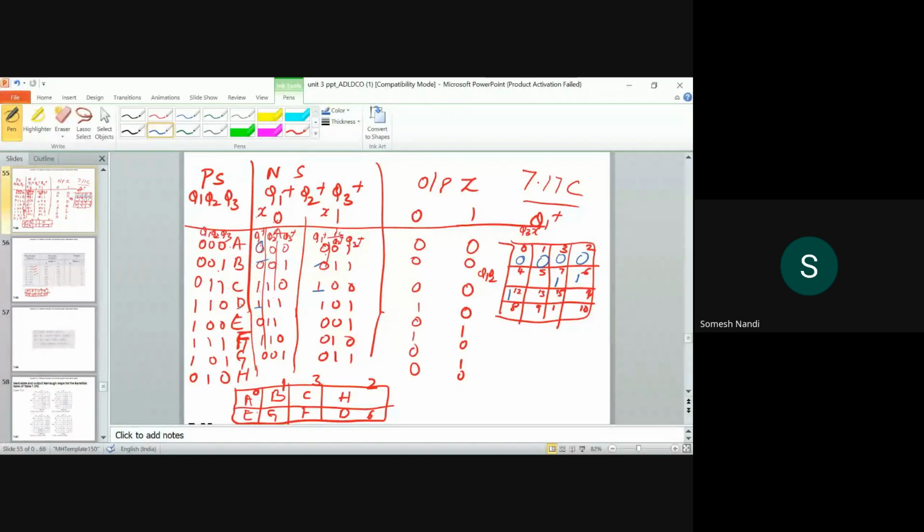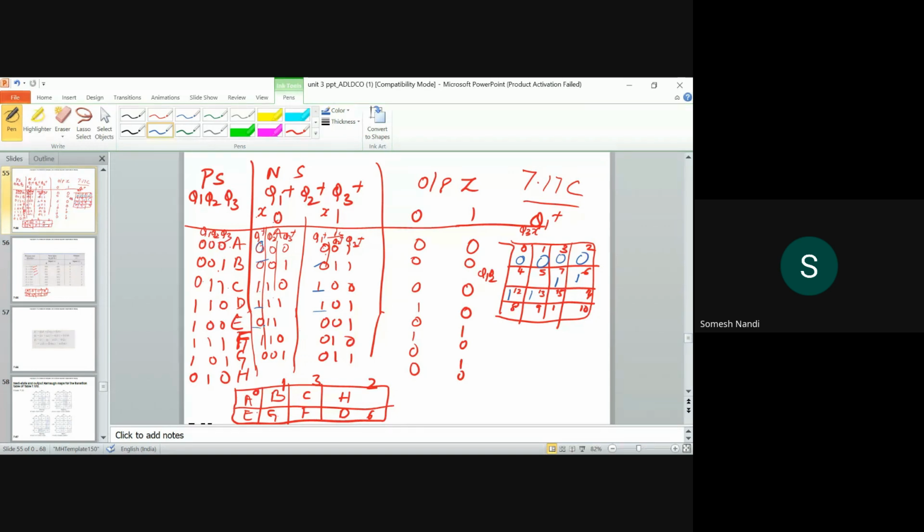Now 0 1 1 0 is 6. 7 we are done with. 1 1 0 1 is what? 13 is 1.